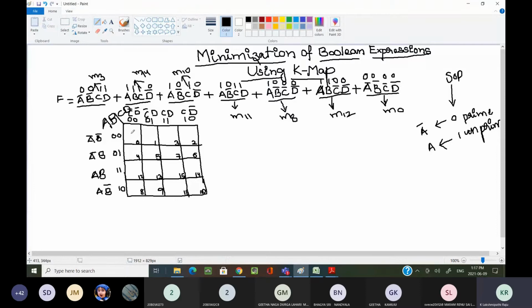Now I am filling the map with 1. Why? Because if it is a SOP expression, we fill the map using ones.